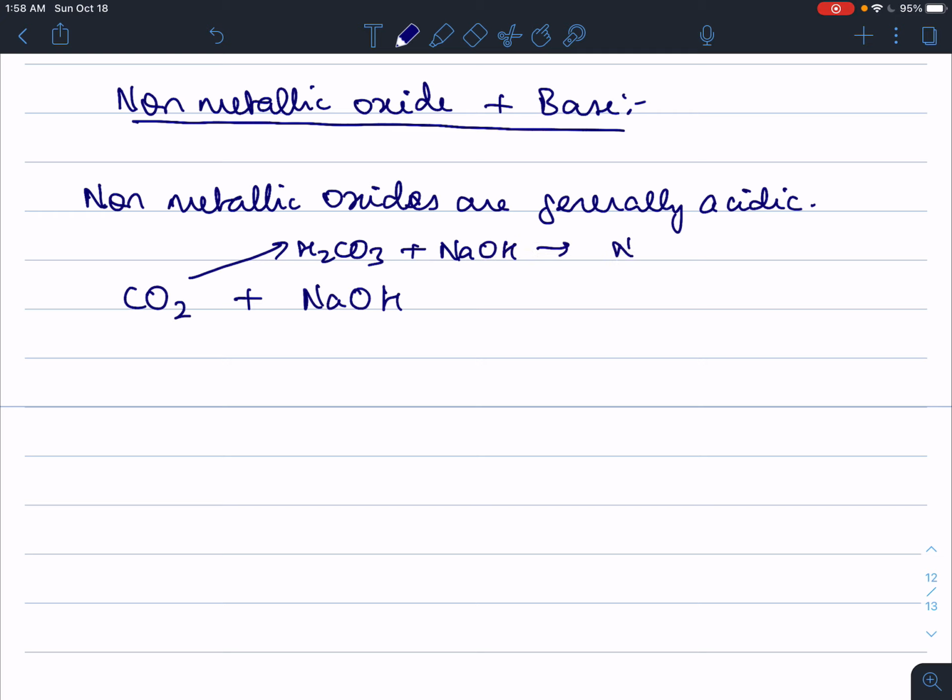We'll give you Na2CO3 plus H2O. So this is what happens. Any non-metallic oxide, it need not be just carbon, it could be sulfur, it could be any of the other non-metals. They will give you a salt plus water always.